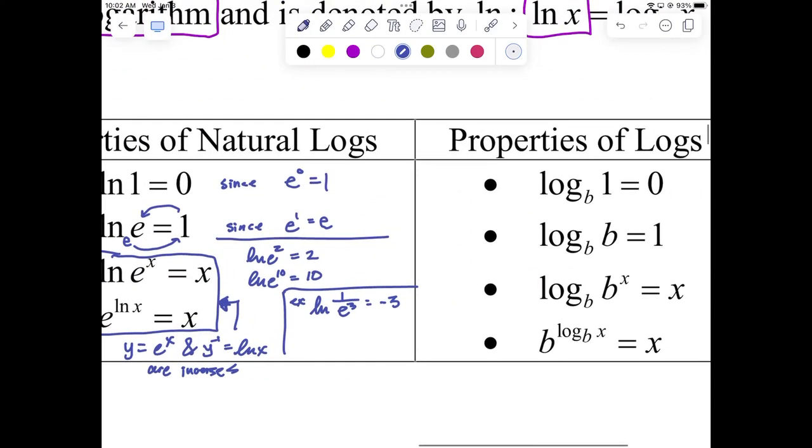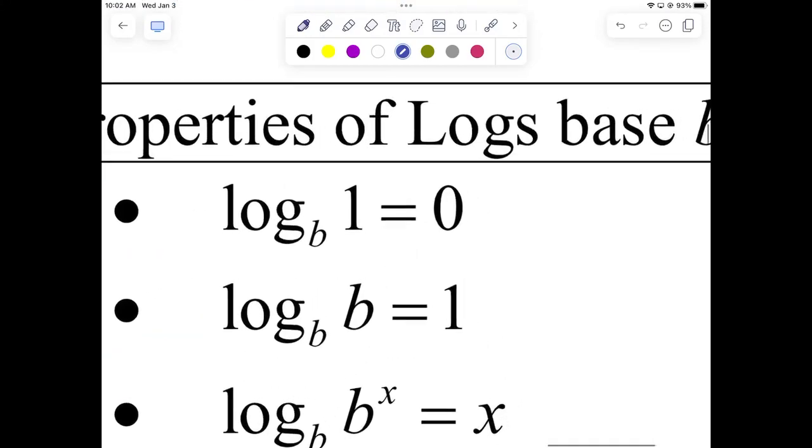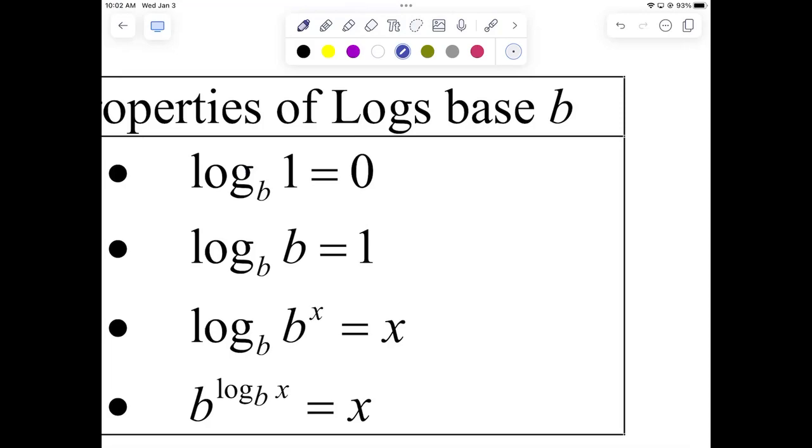All right. So now we could do it in general for any base b. Not the common base, not the natural base, but any base b. What's log base b of 1 for any base that's legal? 0. And the reason would be because b to the 0 equals 1. Of course, b can't be 0. What's log base b of b? 1, because b to the first is equal to b.